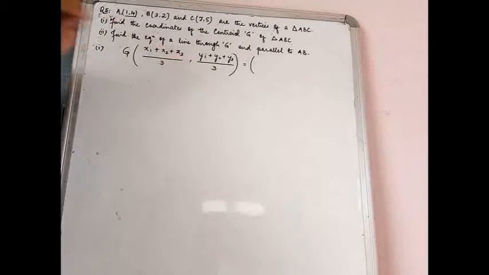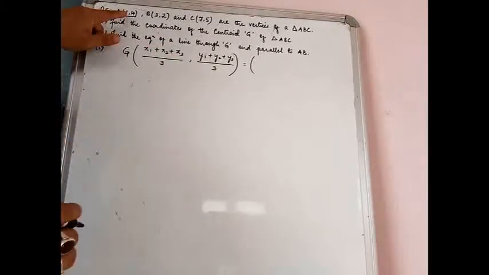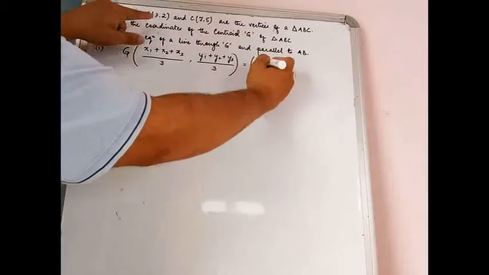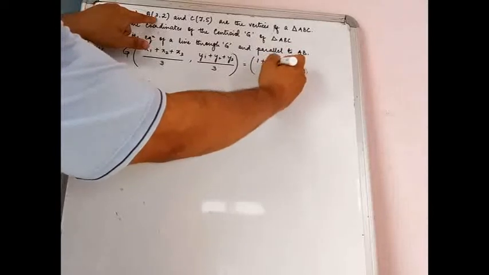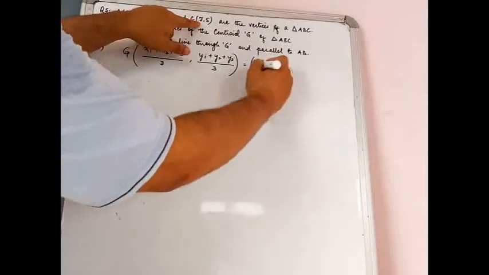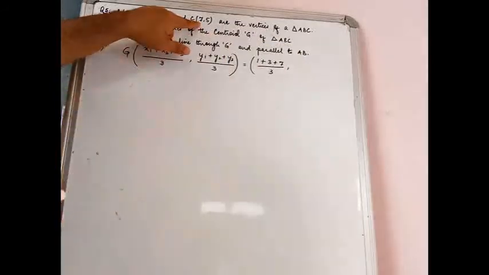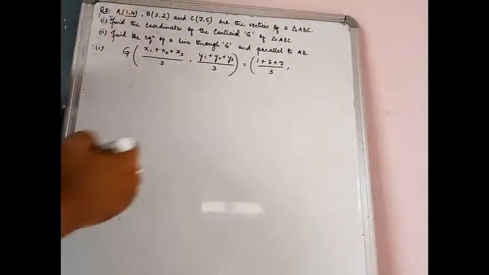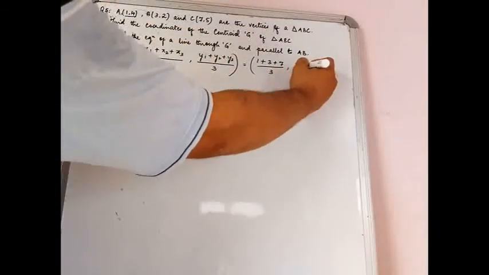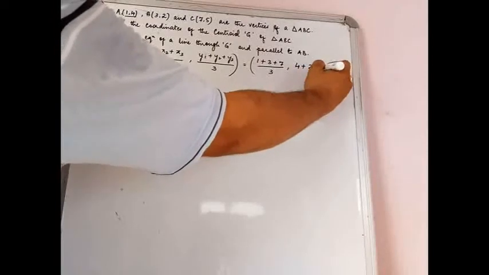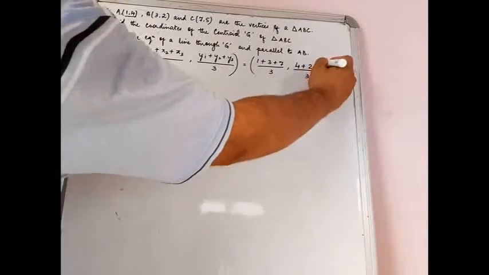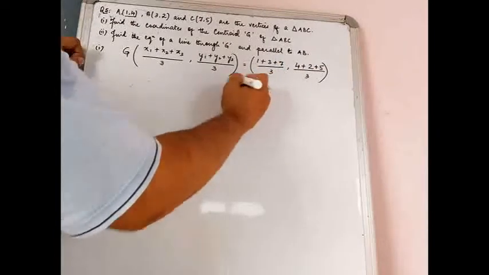x1, x2, x3 have to be added up. So 1 plus 3 plus 7 divided by 3 is the x coordinate of the centroid, and similarly you have 4 plus 2 plus 5 divided by 3 as the y coordinate.